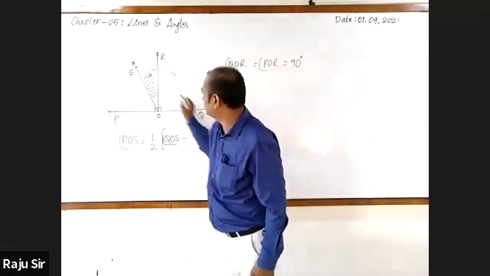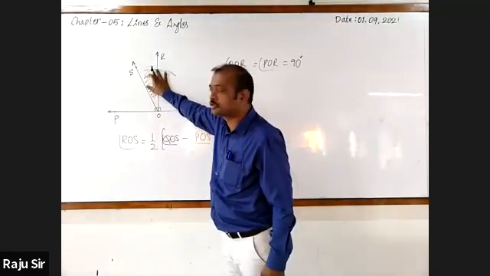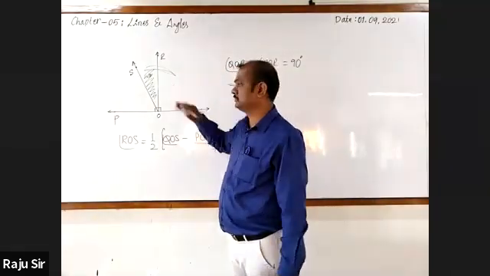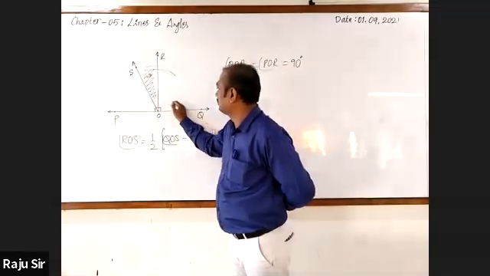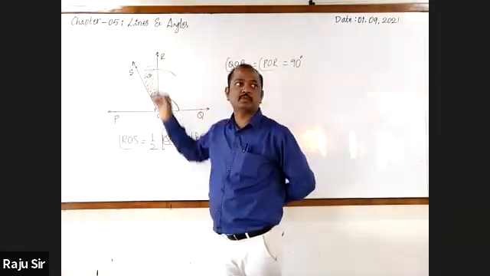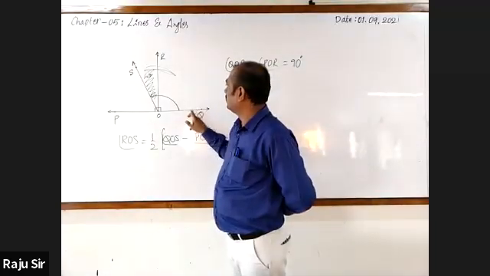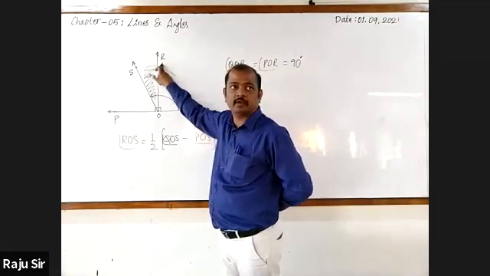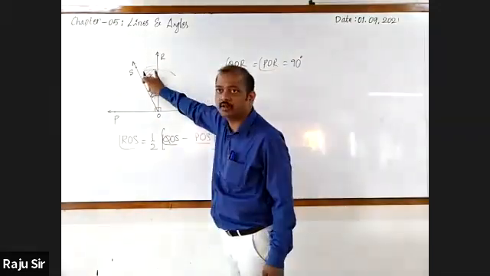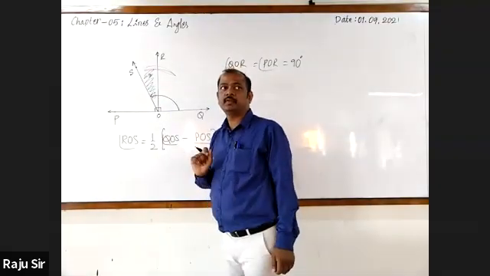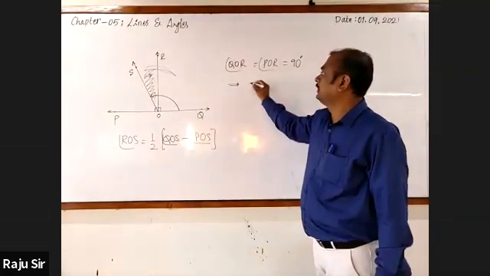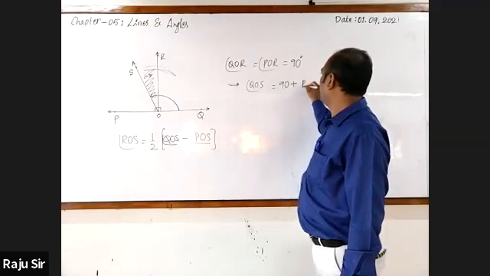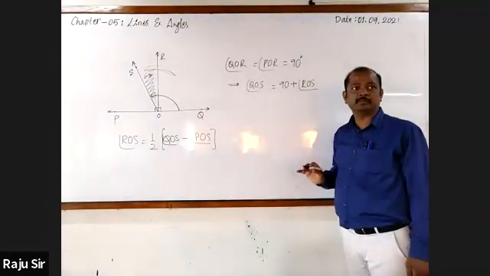How? QOS is the sum of which two angles? ROS plus QOR. That means 90 degrees plus ROS. Did you understand? Here I'll write QOS is equal to 90 degrees plus angle ROS. If any doubt, please ask me.